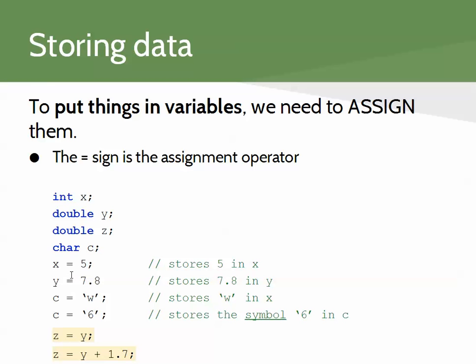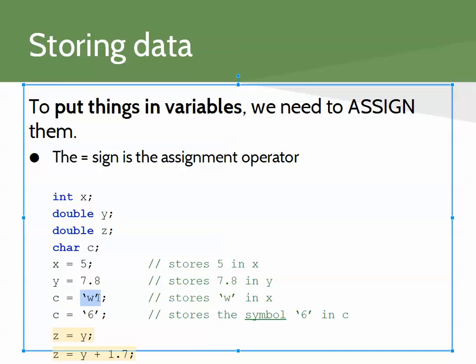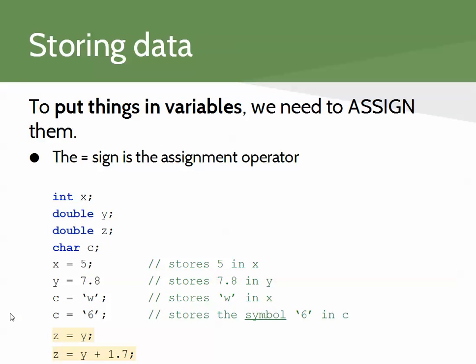So the assignment operator can be used with any of our variables. We can reassign variables, so I can assign W into C. I can assign the character 6. Right? And remember, the ASCII character code system works with numerics as well. Any key on the keyboard has an ASCII character symbol that represents it.